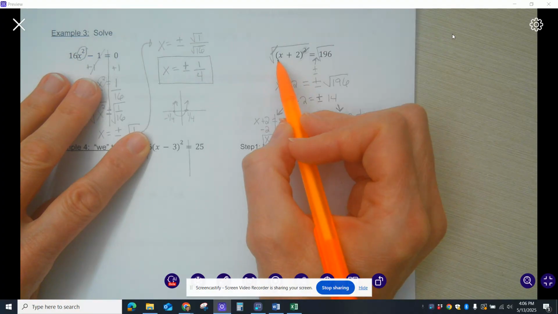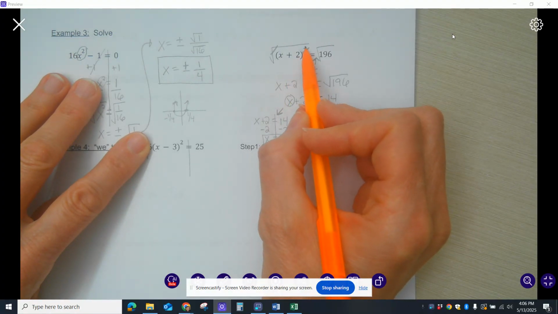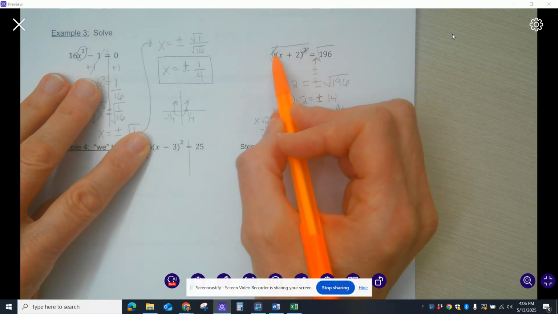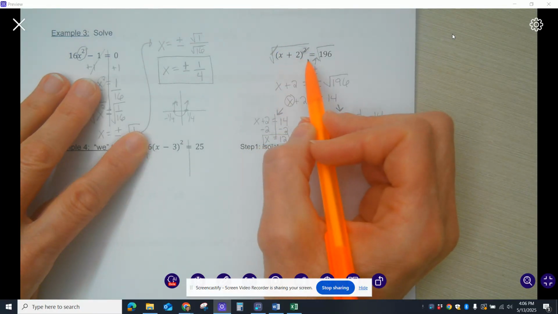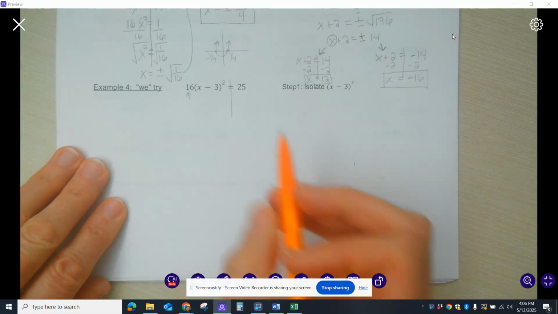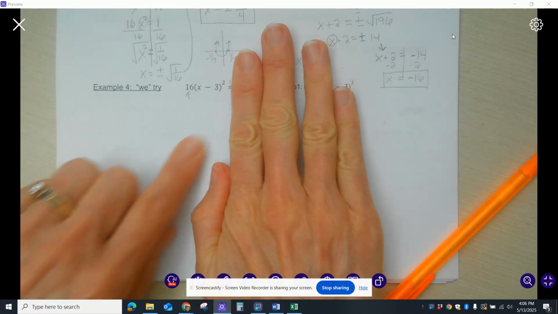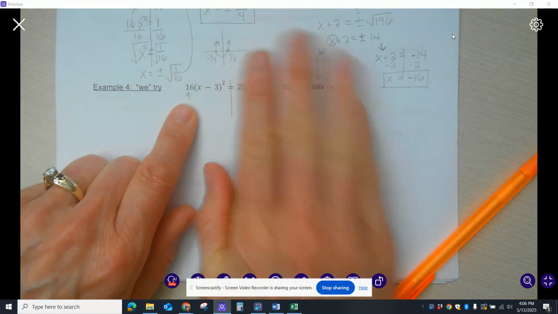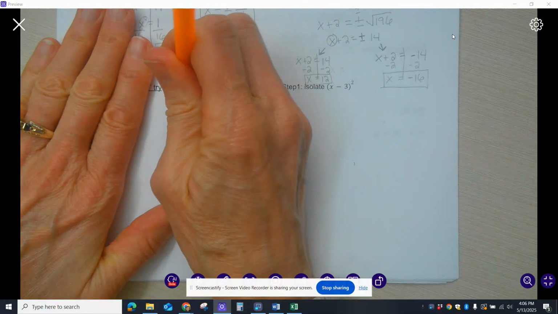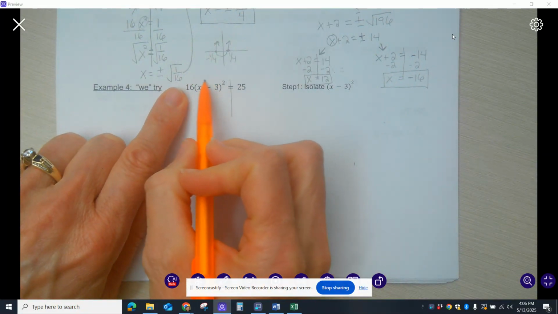I'm going to show you this problem for a moment. When we started this, x plus 2 parenthesis, that whole package deal was all by itself on one side of the equal sign. This time, we have that 16 hanging out over here on this side of the equal sign. We need to get rid of that 16. This 16 is multiplied by this whole binomial.